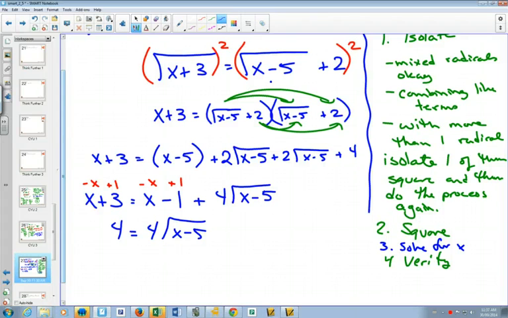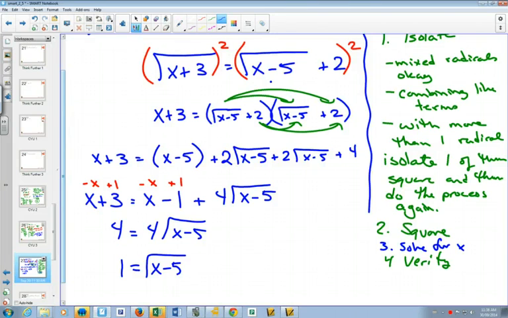You could square both sides right now. You could also divide by 4 on both sides right now. Can you see that dividing by 4 wouldn't give us a fraction? It'll work out nicely. If I divide both sides by 4, I'll just get this, which is not bad. And now we've isolated the radical again.